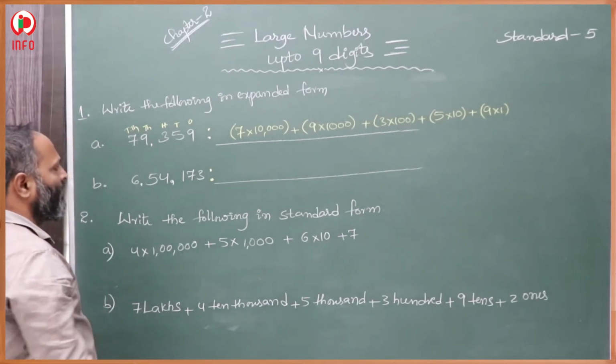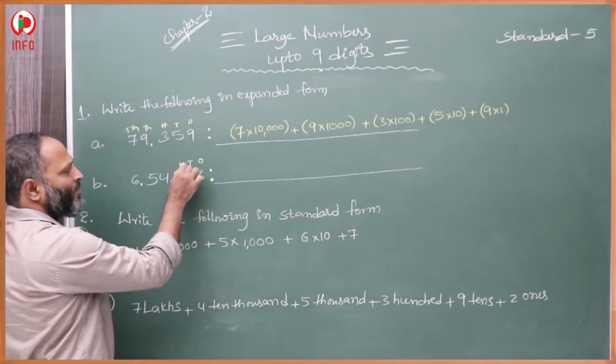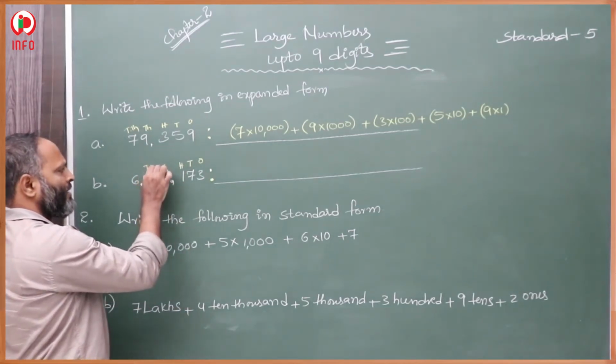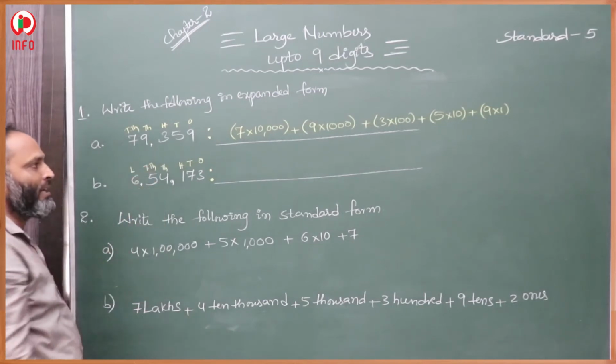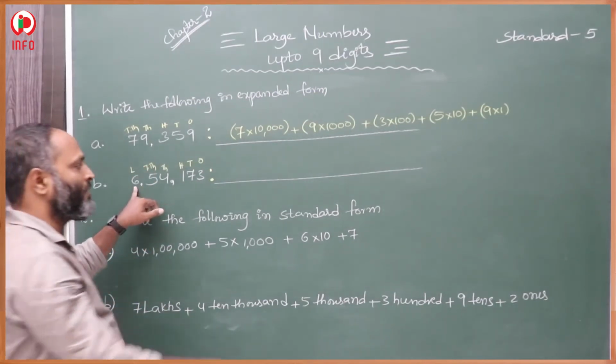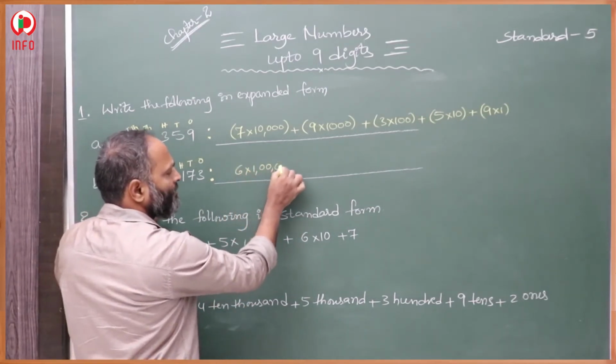So here also, this is ones place, tens place, hundreds place, thousands place, 10,000s place, and lakhs place. 6 is in lakhs place, so we multiply this 6 with 1 lakh: 6 into 1 lakh.